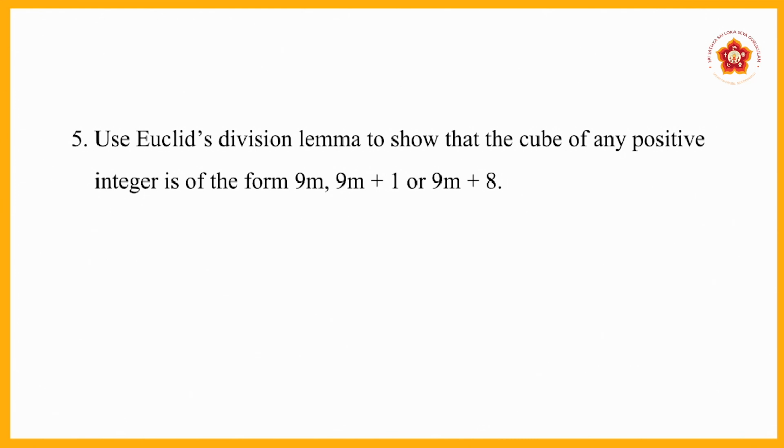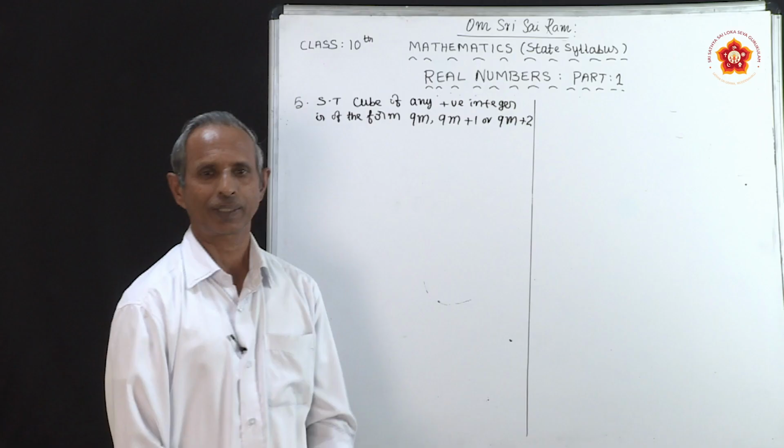Fifth question: use Euclid's division lemma to show that the cube of any positive integer is of the form 9m or 9m plus 1 or 9m plus 8.